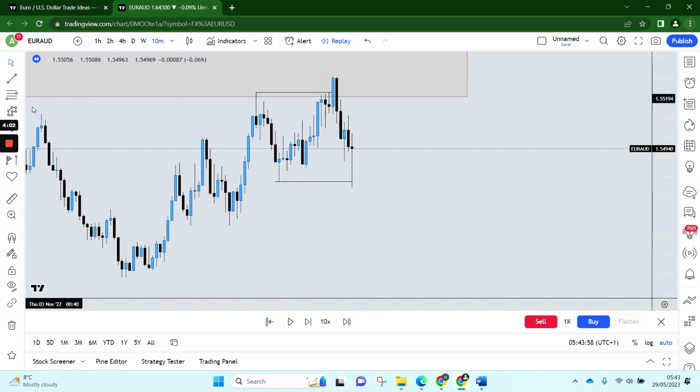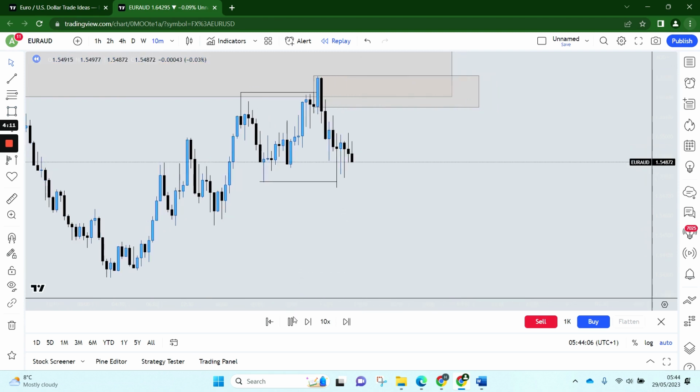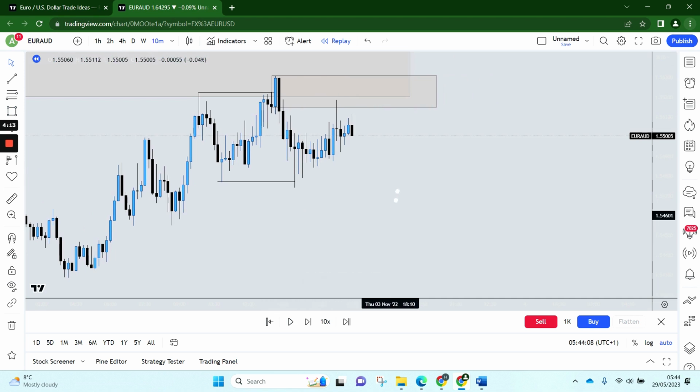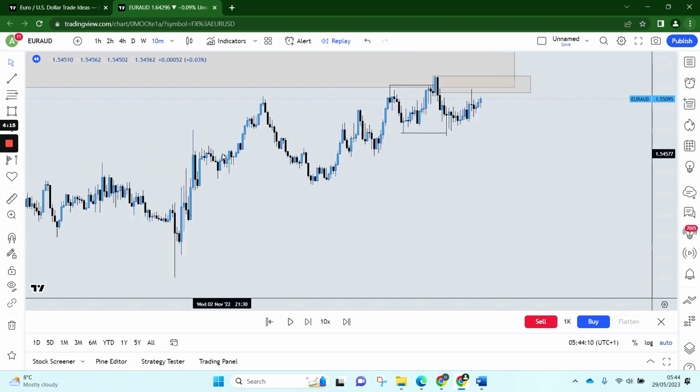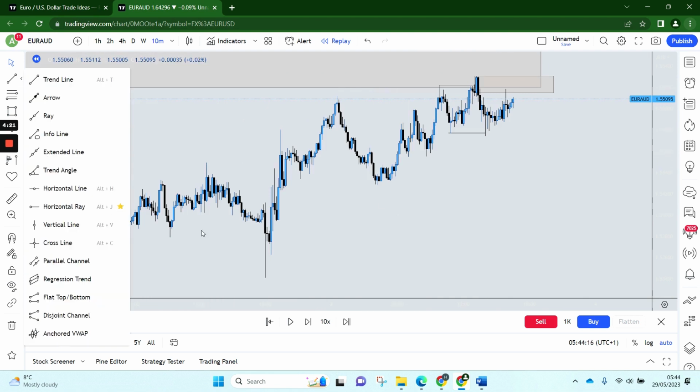So where do we enter? We enter on a lower time frame supply, which is this nice order block over here. Okay, we enter, and then we put our take profit at areas of imbalances or areas of liquidity. Your first TP could be here, for instance.